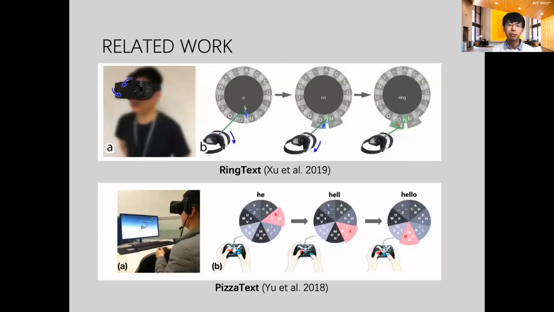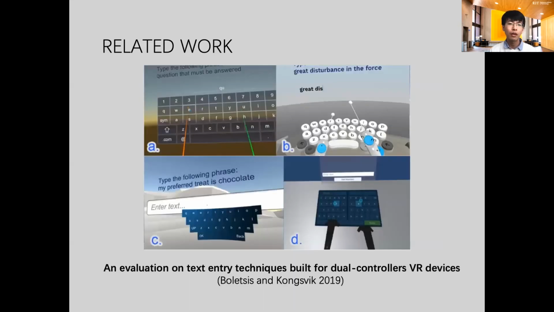As for prior studies, the ring technique proposed by Xu's team and the pizza text from Yu's team have inspired us in designing text entry interaction for a head-mounted display using a customized layout keyboard. Also, a prior study evaluated 4 text entry techniques built for dual controller VR devices.